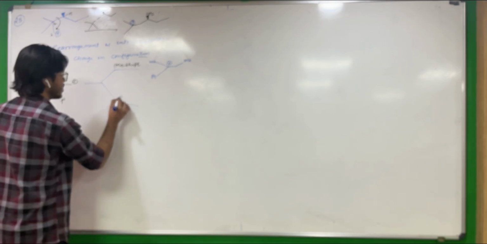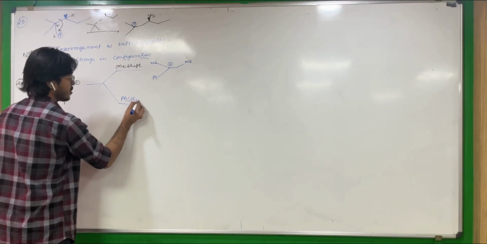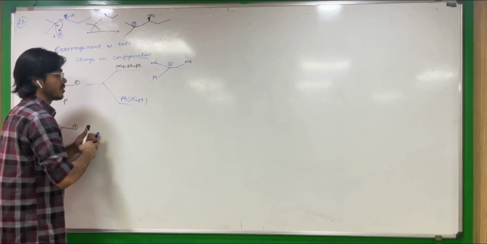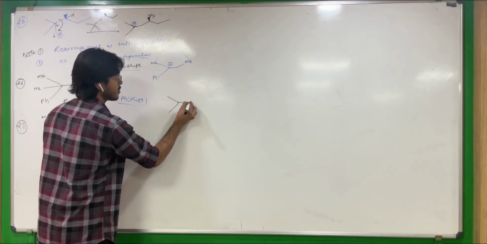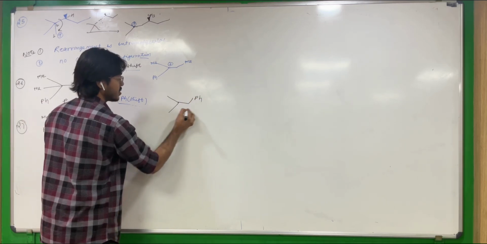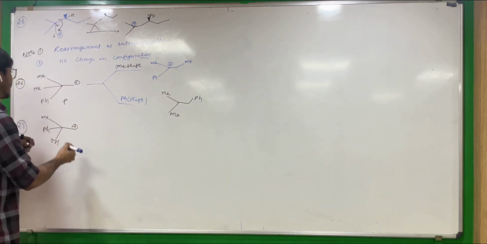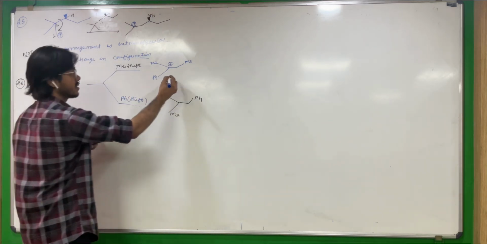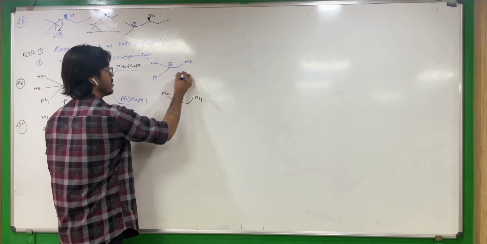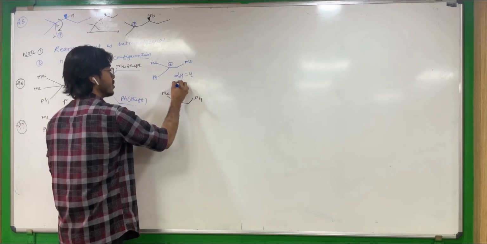Now we will do the phenyl shift. If we do the phenyl shift, the product formed will be this, with Ph. Now if you see in this case the number of alpha hydrogens is equal to 4, and it's also resonance stabilized.